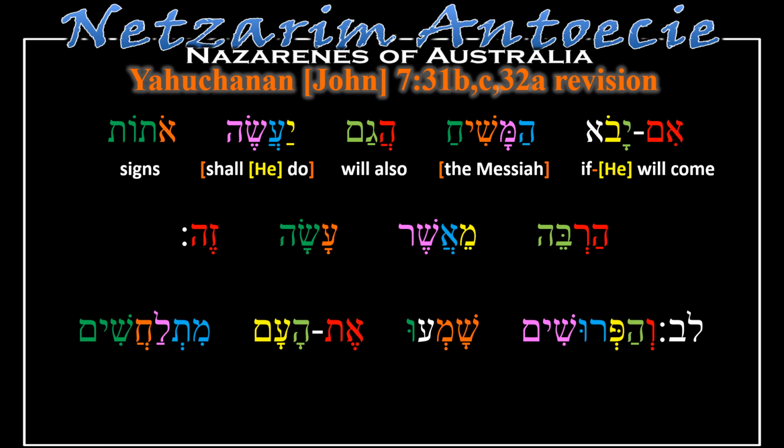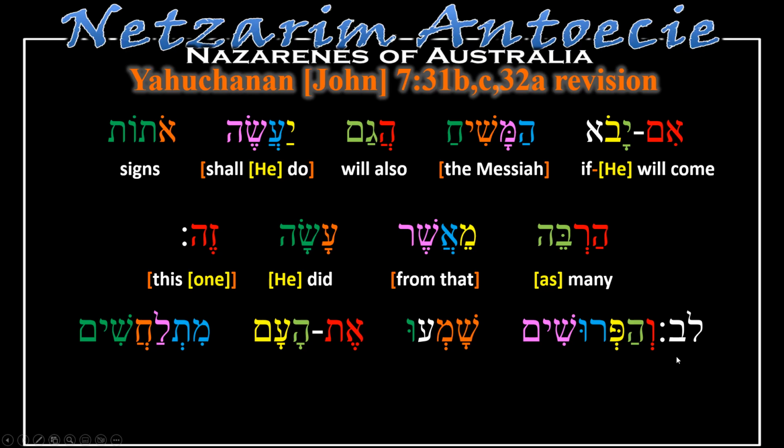If he will come, the Messiah, will he also do signs, harbe, many, or as many, me'asher, from that, asa, he did, ze, this one. As many from that, he did this one.